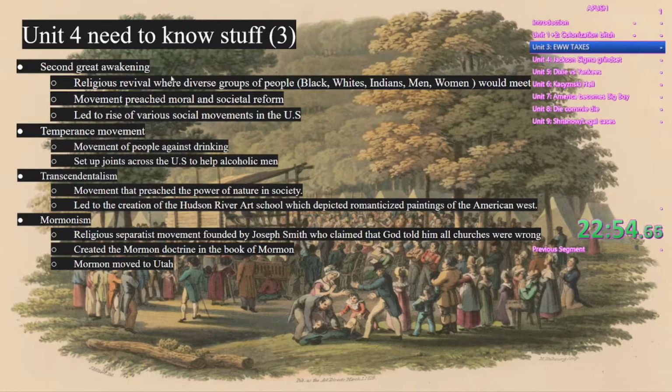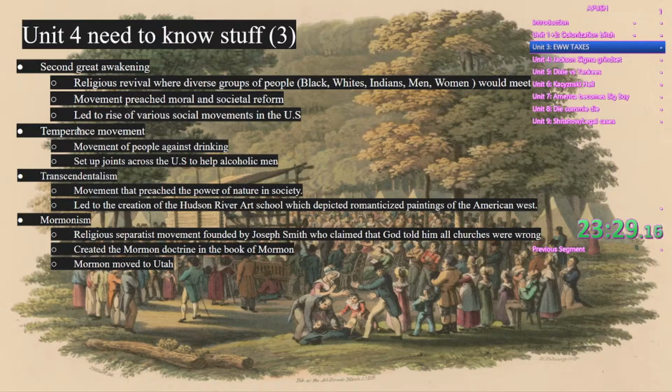It was a religious revival where, shockingly, a lot of racially diverse groups of people, and men and women, would meet to be preached to.